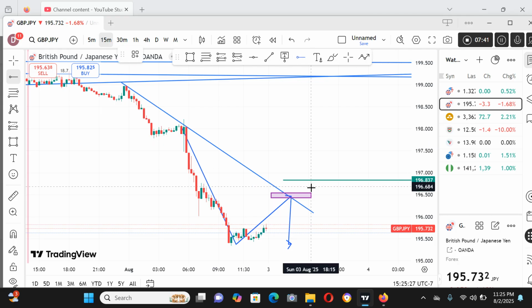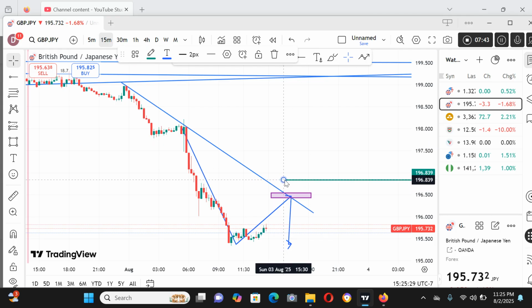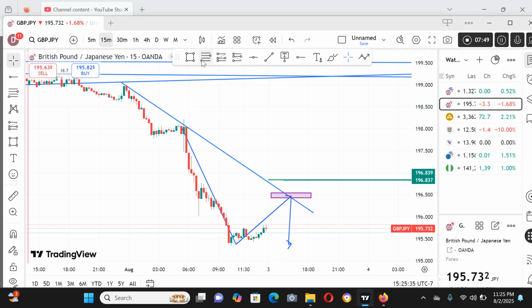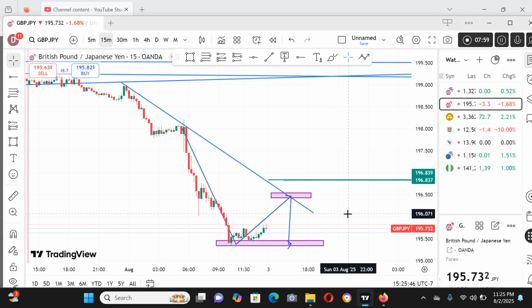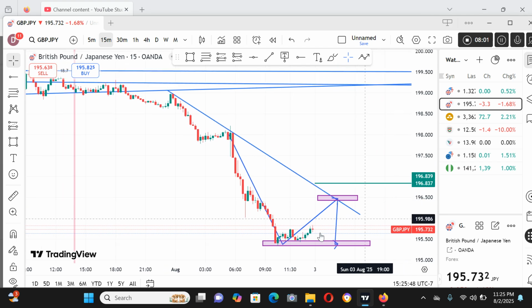Can put our stop loss, and then our target will be here. We'll be targeting here. So this is our target.